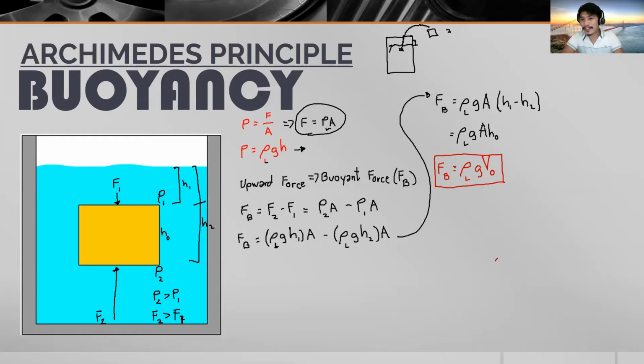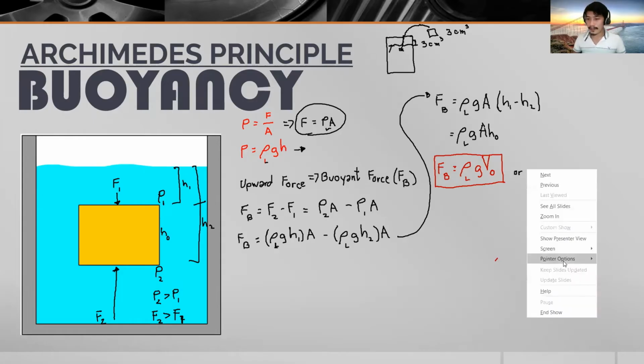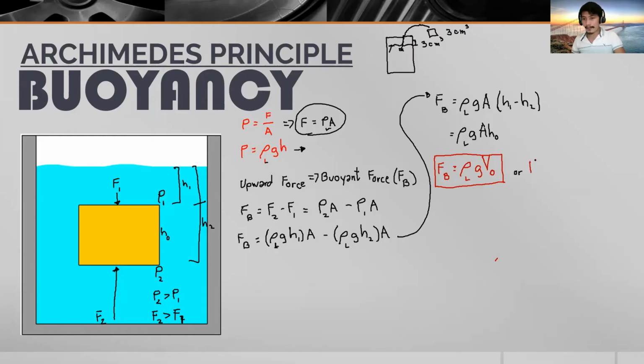Okay? So for example, this is 3 cubic centimeter. So ano yung mangyayari sa displace? Ano yung volume ng ma-displace? 3 cubic centimeter. Pareho lang. So kung ano yung volume na ilagay mo dyan, that is also the same as the liquid na ma-displace. Pareho lang sila. Okay? So this equation, this can also become buoyant force.